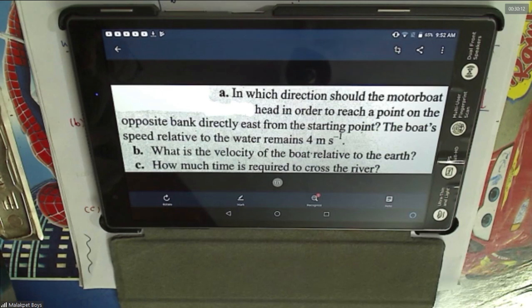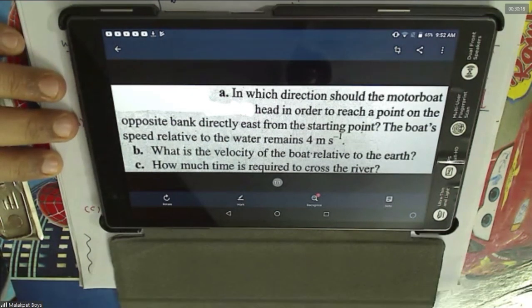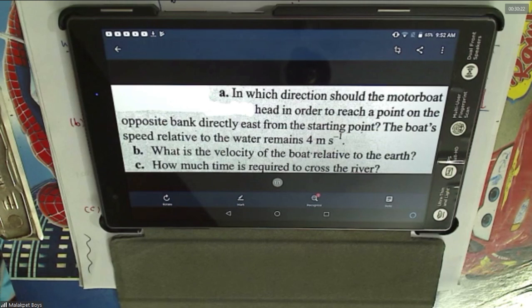Sir, I have a doubt. For finding the time, you took distance as 800 meter, right? But sir, the boat is not traveling in a straight line, so the distance will be more than 800 meter.